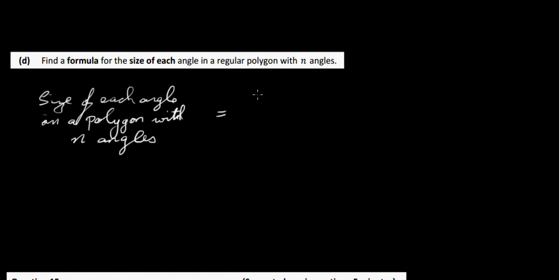That gives us the sum of the angles, so it's 180n minus 360. All we did was divide by n, divide by the number of angles. So if there are 6 angles, you divide by 6, 5 angles, you divide by 5, and so on. If there are 3 angles, we divide it by 3. So this is really it. That's it for question 14.